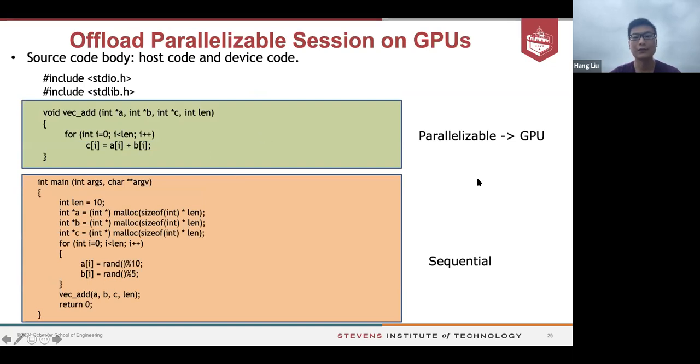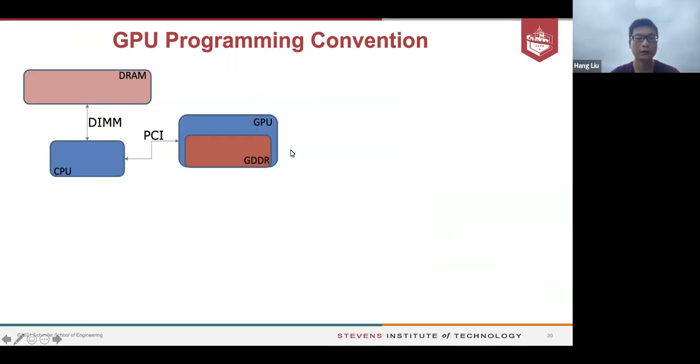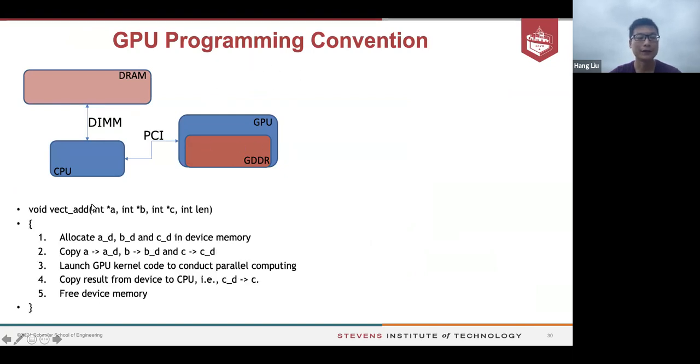So you parallelize the parallelizable part on the GPU and perform the sequential, or serial, part on the CPU. How it works is like this. In the GPU programming convention, you first allocate data on device memory here.